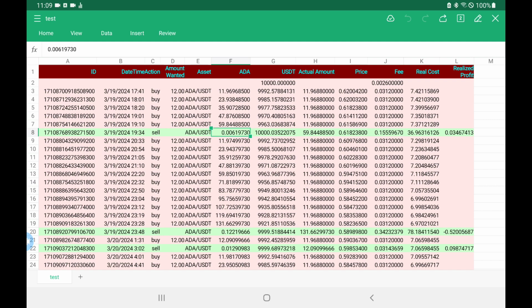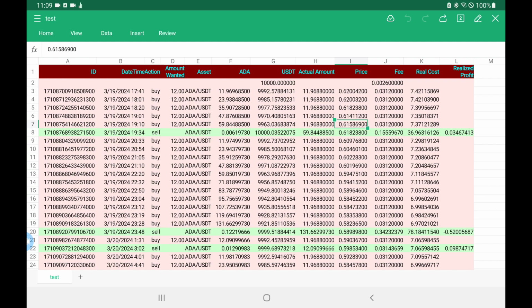So we are left with this dust that, when we make our next purchase, gets added into the amount that we have. Now the important thing to remember is that as we track our averages, this information is not saved on the exchange.